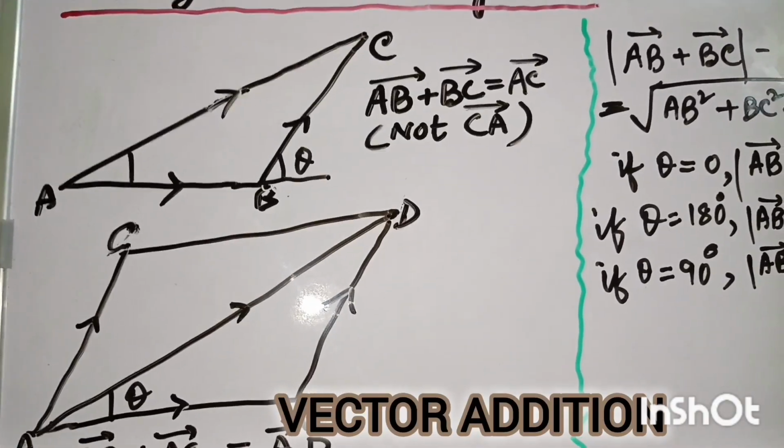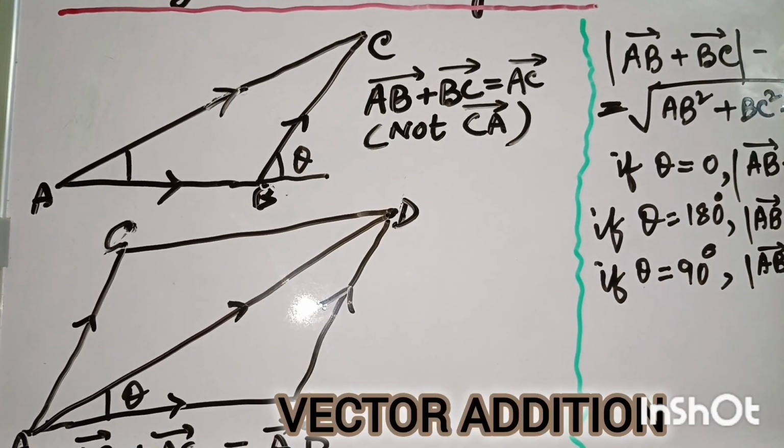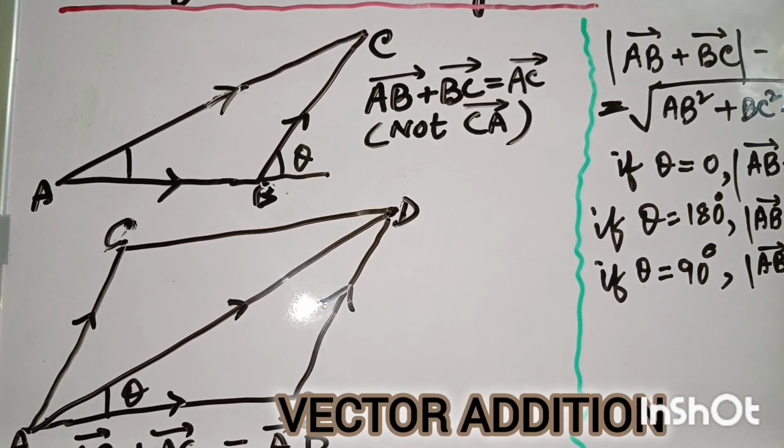In the first picture, ABC is a triangle. AB and BC are two vectors joined end to end, so in that case, AC will be the resultant, meaning the vector sum of AB and BC.